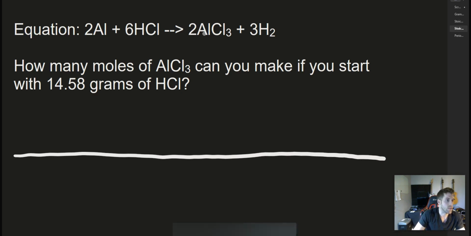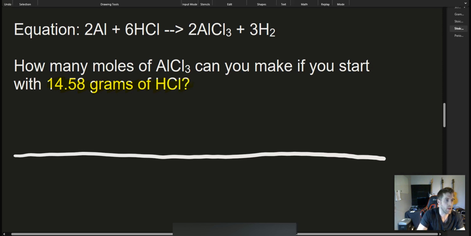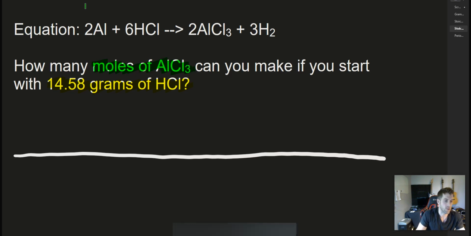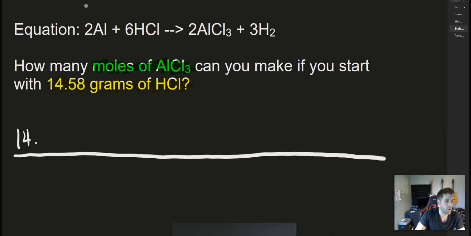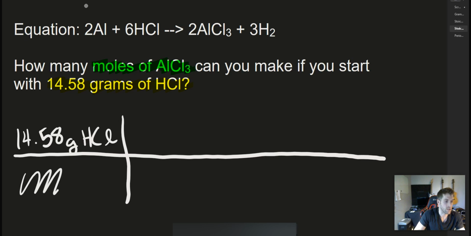We're also going to go to our highlighter, and we're starting off with 14.58 grams of hydrochloric acid, and we are trying to find the moles of aluminum chloride. So we start off with 14.58 grams of hydrochloric acid. Put our division there. Nothing goes here.